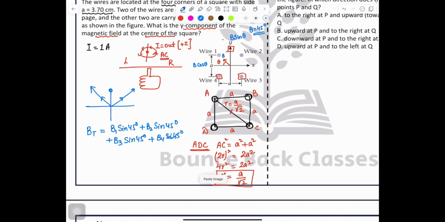All are the same. So can I say 4 times B sine 45 degree? Can we solve this now?